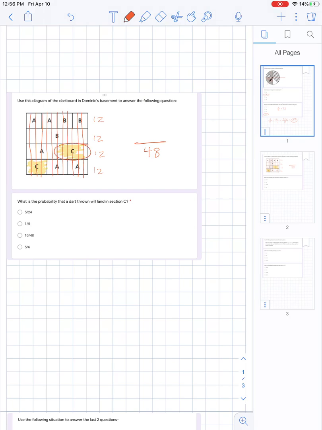Right here, we've got 6 of the 48. And right here, we have 4 of the 48. And 6 plus 4 equals 10. So 10/48 is our answer, and that was a correct answer. However, we can simplify that. We cut it right in half to 5/24. So both of those answers I accepted as correct, even though the 10/48 was not simplified.